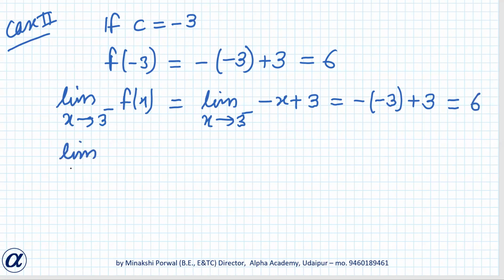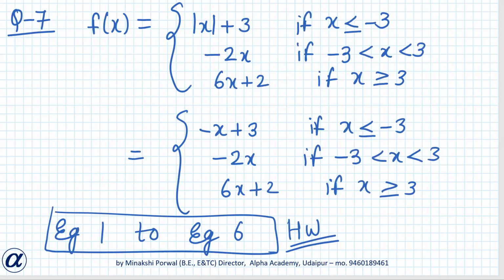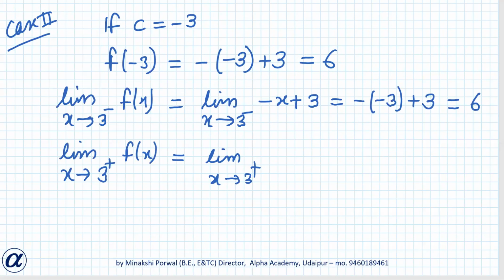Limit x tends to minus 3 plus of f(x) is equal to limit x tends to minus 3 plus, and the definition of the function on the right hand, for the right hand limit, will be minus 2x. So it is minus of 2x. When we substitute this 3, it is minus 2 into 3, that is equal to minus 6.